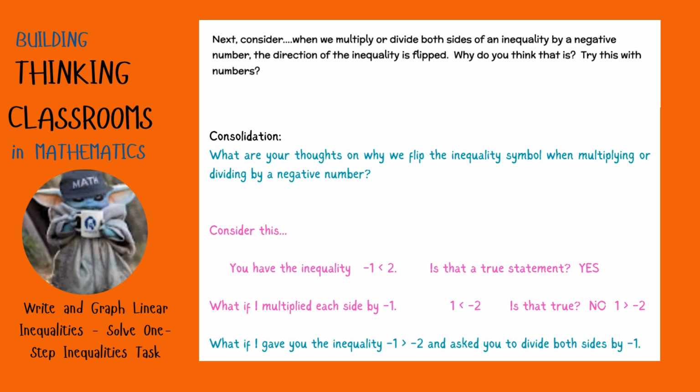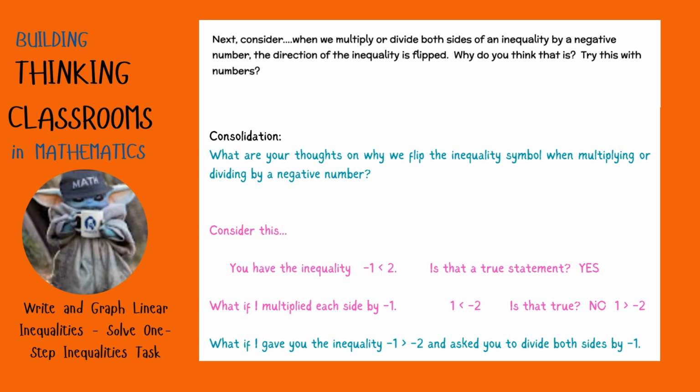Now consider, what if I gave you the inequality -1 is greater than -2? It is true as it stands now, but what if I asked you to divide both sides by -1? Would it be true then? So you're prompting kids to look at this just through the number sense point of view. Look at it with just numbers, no variables, and what's going to happen.